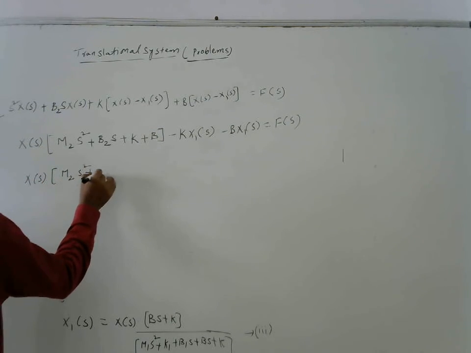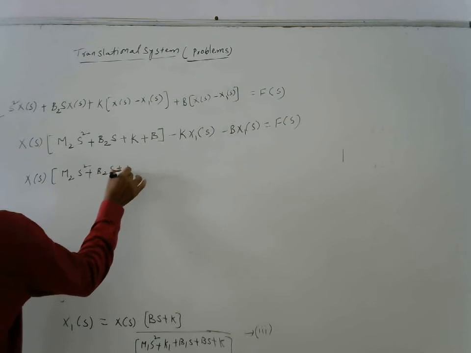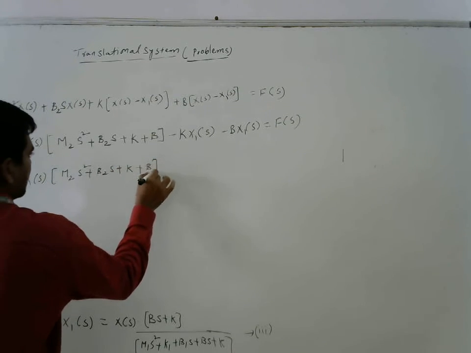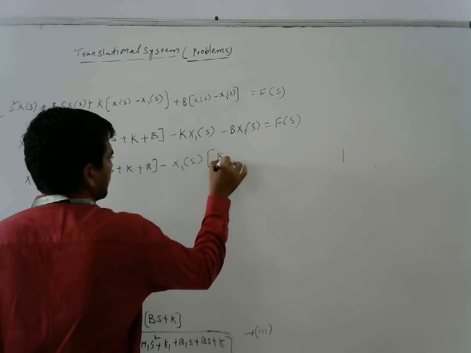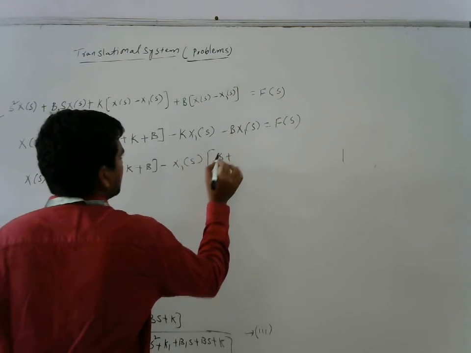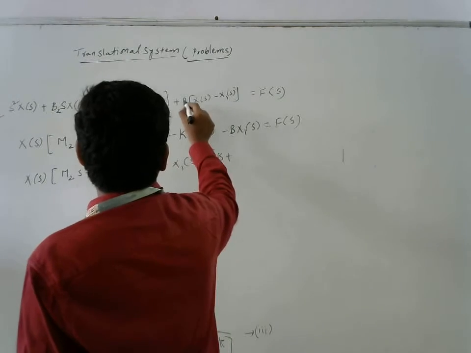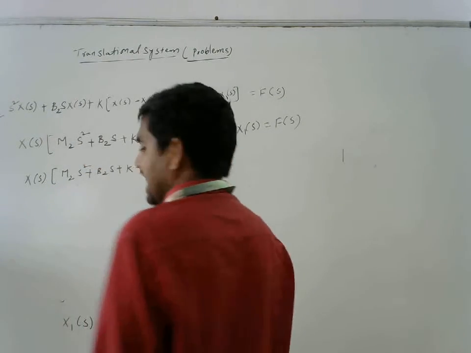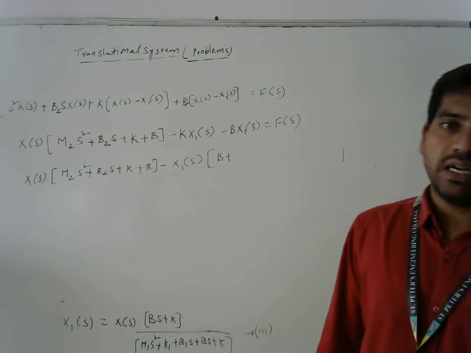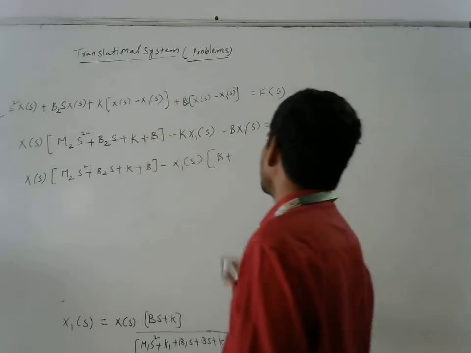Again I am rewriting this equation like this: s square plus b2s plus k plus b. Same here, taking x1 of s common, you get b plus bs. Here s will be there. Why? Because the damper is d by dt, so automatically s will be there.